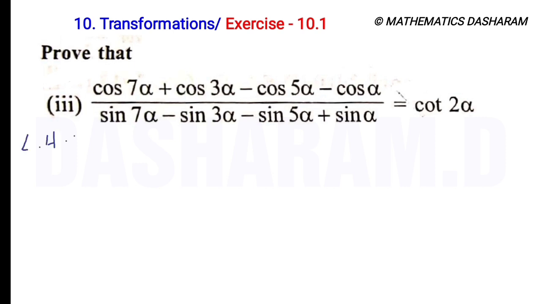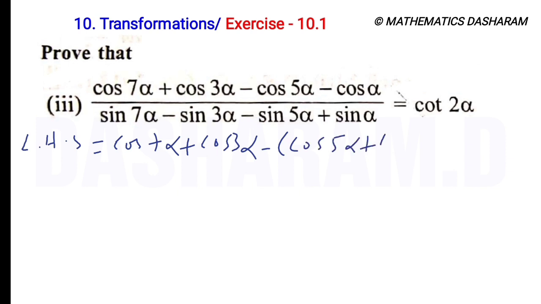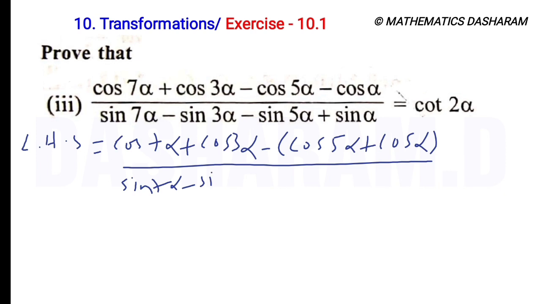So in the LHS, cos 7 alpha plus cos 3 alpha, so here take the minus common, cos 5 alpha plus cos alpha, divided by sin 7 alpha minus sin 3 alpha, and take the minus common here, sin 5 alpha, then this plus will become minus, so sin alpha. So it is equal to here the cos C plus cos D formula.